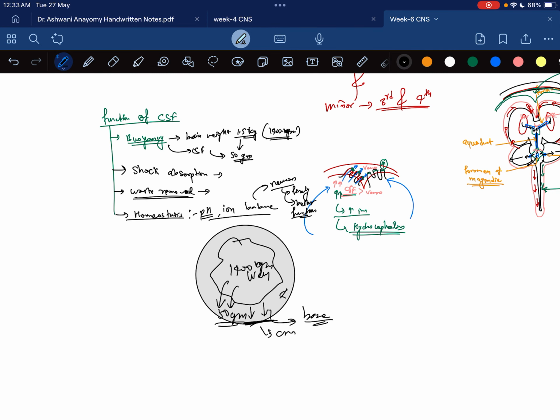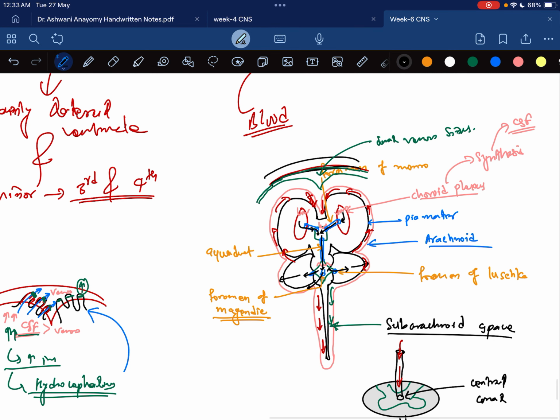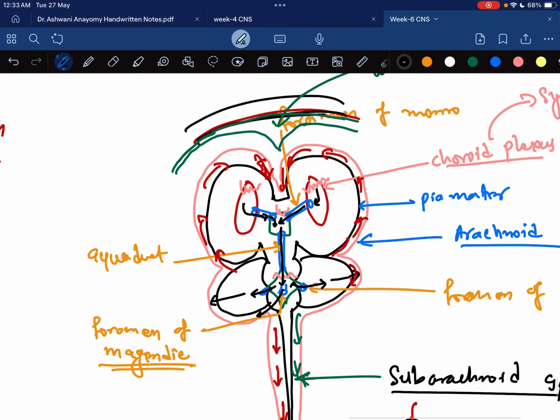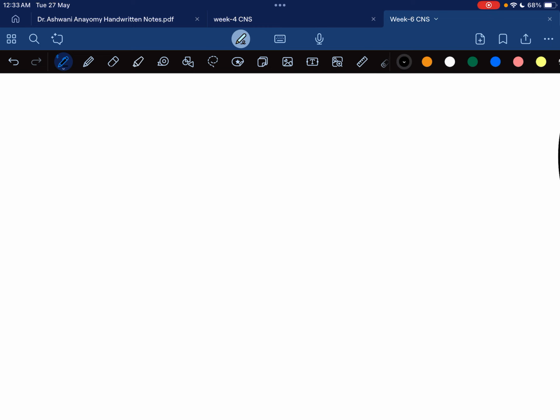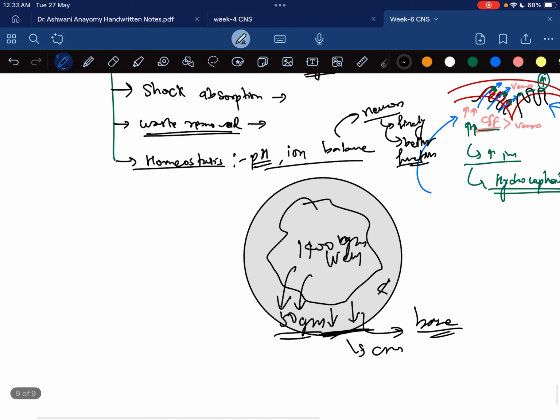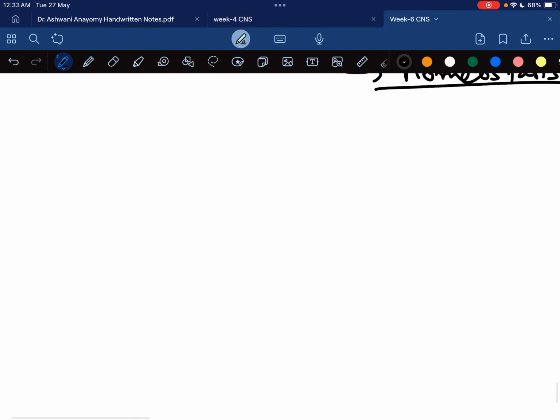I have already said I will explain this later regarding the choroid plexus. In the choroid plexus, like the drainage system, there are forming capillaries with endothelial cells and other cells, and here are the subarachnoid, dura mater, and pia. Here is a pump.